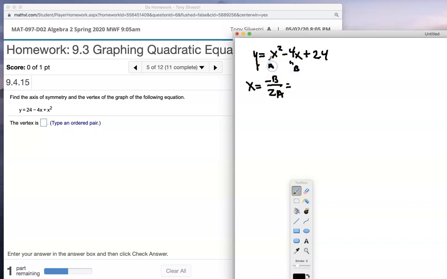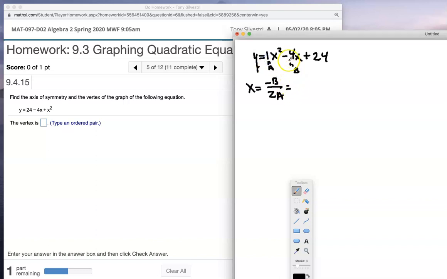A is 1. So b is negative 4. Negative and negative 4 is 4, divided by 2 times 1. 2 times 1 is 2, equals 4 divided by 2 is 2. Now that's not the point. It just says the x coordinate of the vertex is 2.